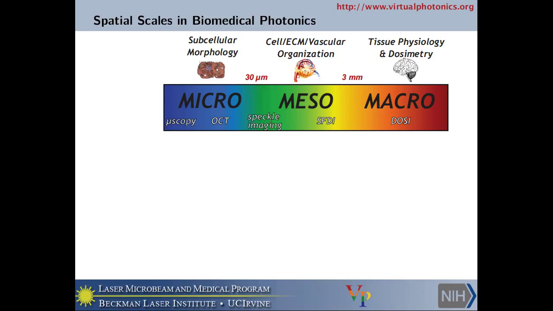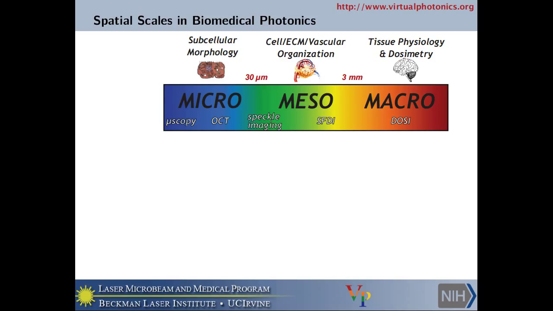This ranges all the way from the micron or even submicron scale, which we probe using optical microscopy, both conventional bright field and phase contrast, as well as deep tissue microscopy techniques, where we can directly or indirectly get at subcellular morphology and subcellular composition. Then, using various techniques, we can look at the coherence properties of light and how that gets modified by scattering to get more blurry but deeper imaging of deeper tissue structures using optical coherence tomography.